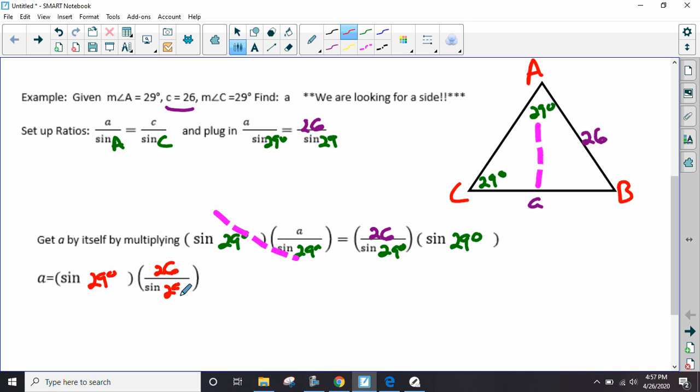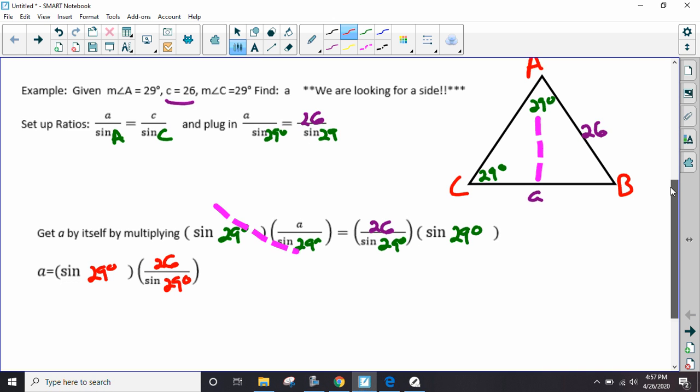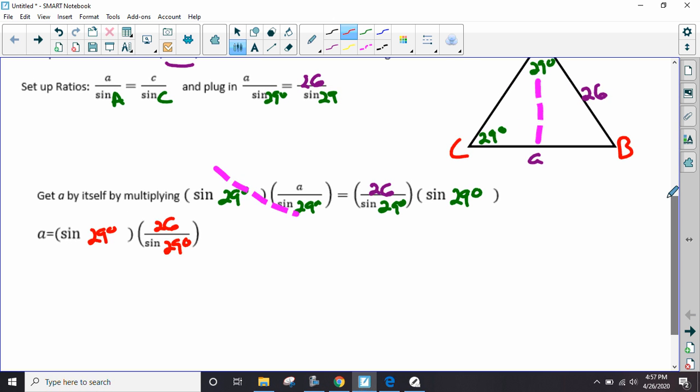26, sine 29 degrees. Now, in your calculator, this is where you have to be a little bit specific. You need to do this part first: the 26 over sine 29 degrees first in the calculator. That way it will do things right for order of operations.